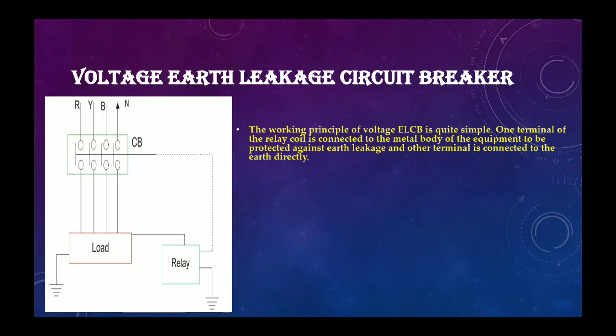The working principle of the voltage ELCB is quite simple. One terminal of the relay coil is connected to the metal body of the equipment to be protected against earth leakage, and the other terminal is connected to the earth directly.